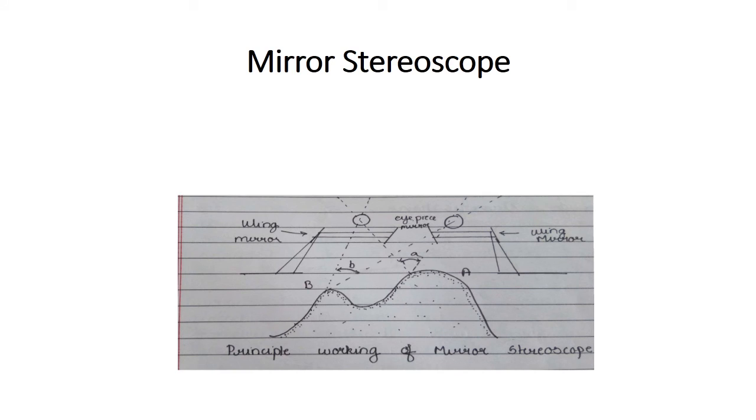The light rays from the photos, from point A1 or A2, are reflected from the mirror surface and, according to the principle of reflection, are received at the eye, forming the parallactic angle. Similarly, points B1 and B2 form a parallactic angle.